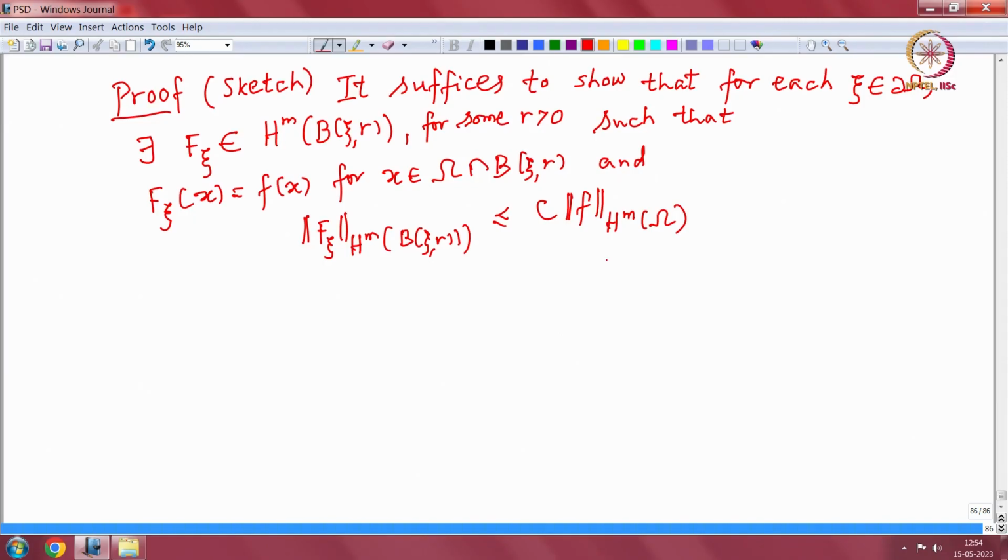So, in this case we obtained that f has an extension in this, we call it omega rho, that is, the rho neighborhood of omega, for any rho.